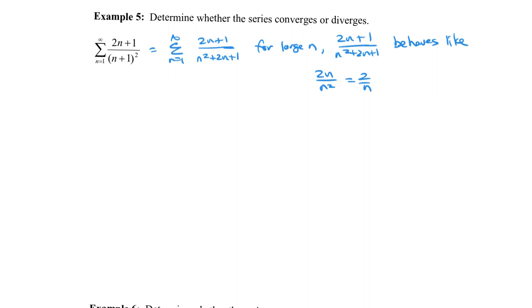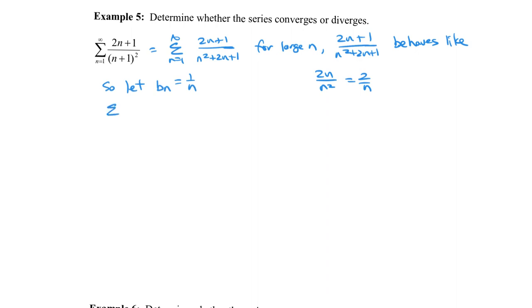This is not enough to say it diverges, but it gives us some intuition about it, it probably long-term acts like the harmonic series. So what we can do is this. So let's let b sub n, the one we're going to compare it to, be 1 over n, right?